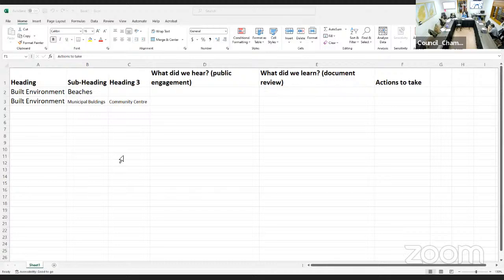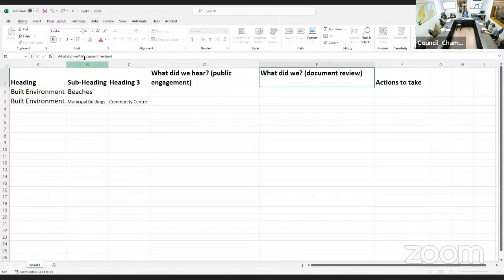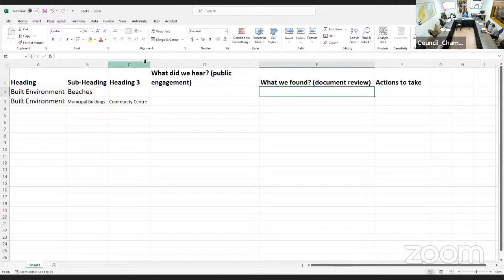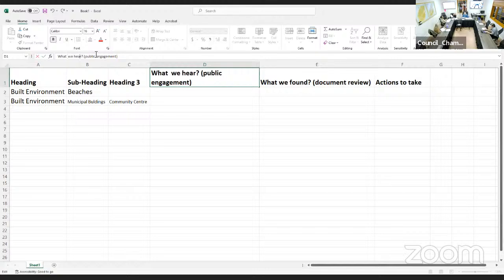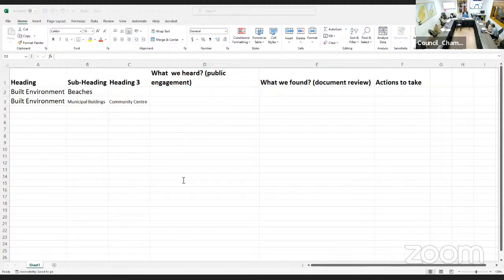B is what we heard, committee feedback. And then C is action taken. So just under barriers, it's exactly what we're entitling the categories here.